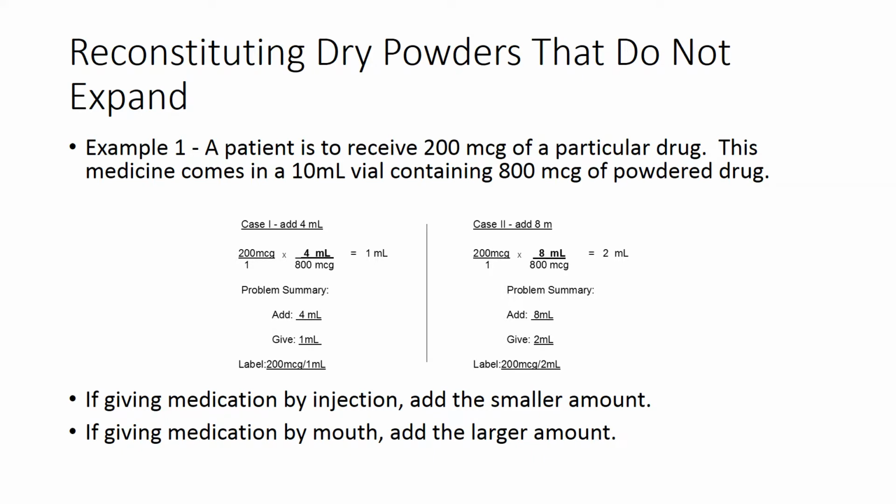In this case, your add is 8 milliliters, your give is 2 milliliters, and your label is 200 micrograms per 2 milliliters. Now, one should take into mind what they're doing. If you're going to give a medicine by injection, you want to give the absolute smallest amount, so you want to use the 4 milliliters to do the reconstitution. If you're giving medication by mouth, you might want to go with the larger amount and therefore use the 8 milliliters.